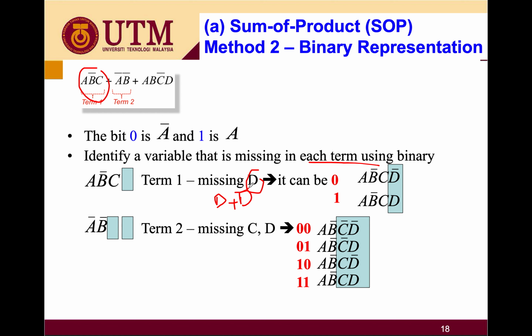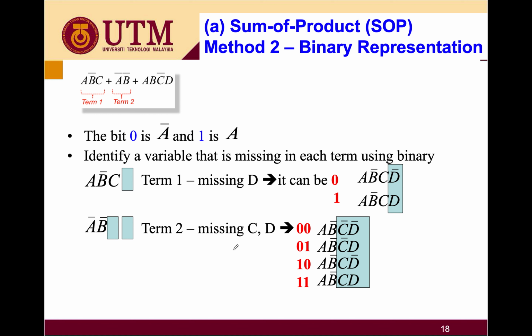When you have this one, you have only two possibilities, which is 0 or 1, where 0 is D bar and 1 is D. But if you are dealing with POS, this 0 will be D and this one will be D bar. Get the difference right? So you already know the difference.